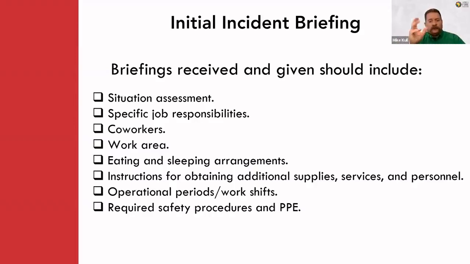Here's what you need. This is your required PPE for the incident. This is what we're going to do. You're doing these safety things. There's a down power line over there, so stay away from that area. Whatever. You need a BA because we've got a hazardous gas leaking over here. That sort of stuff in that initial incident briefing.